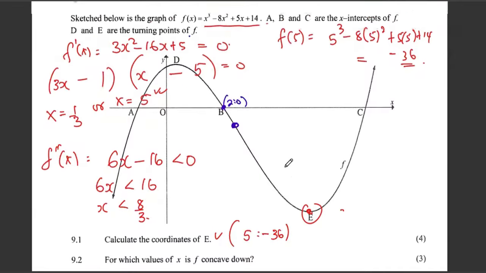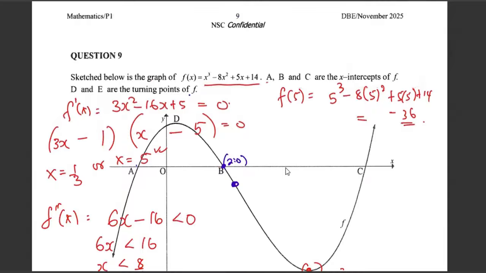So what I would do is obtain the coordinates of A, B, and C. We can use the synthetic method, or you can use long division, to obtain that. And what I'm observing is that A is going to be negative 1. We have a 2, and then this is going to be a 7.